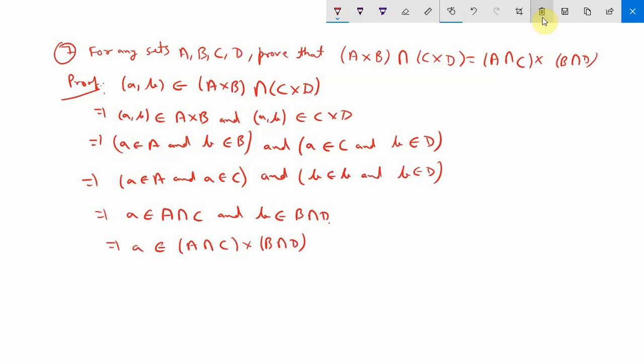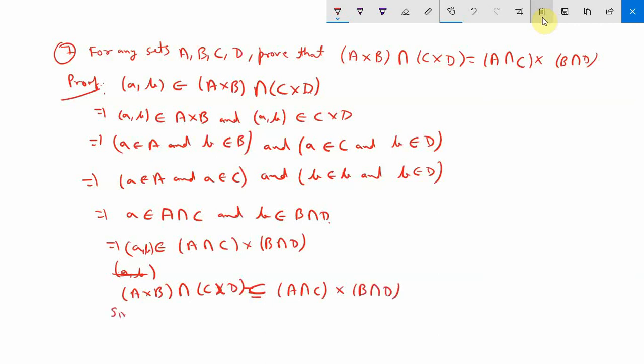So from this we get (a, b), sorry, here it will be (a, b), the ordered pair (a, b) is an element of (A ∩ C) × (B ∩ D). So from this we get (A × B) ∩ (C × D) is a subset of (A ∩ C) × (B ∩ D).